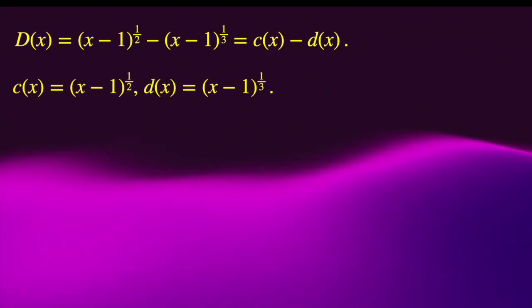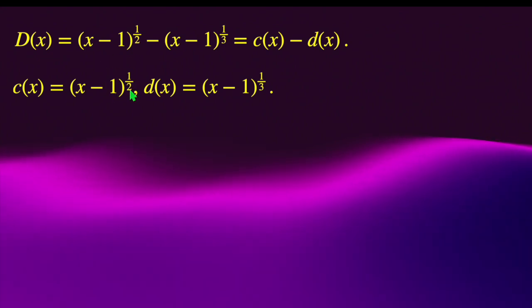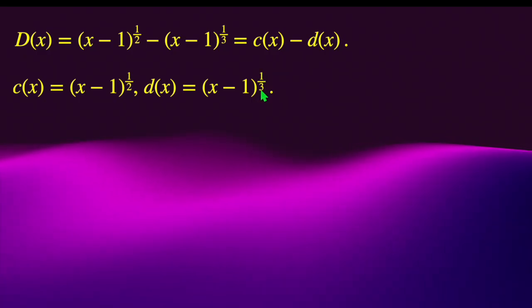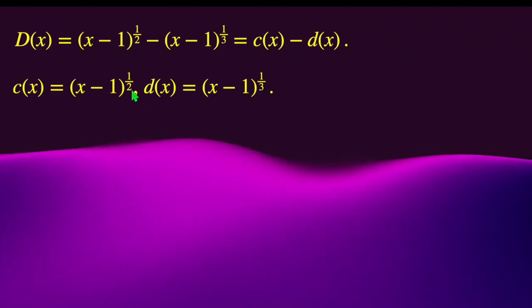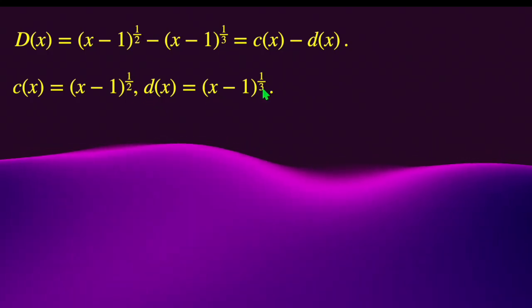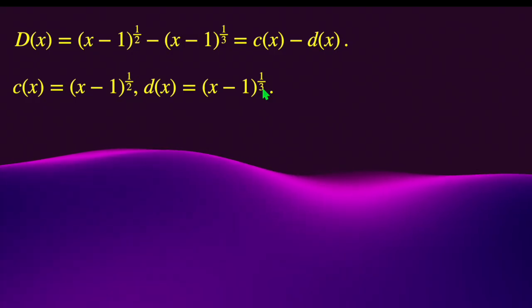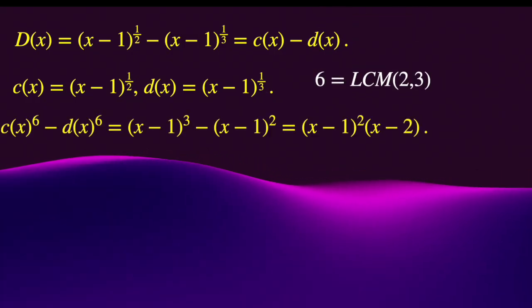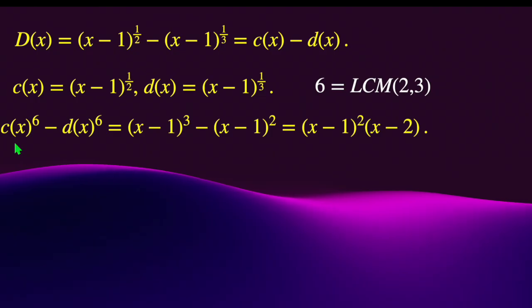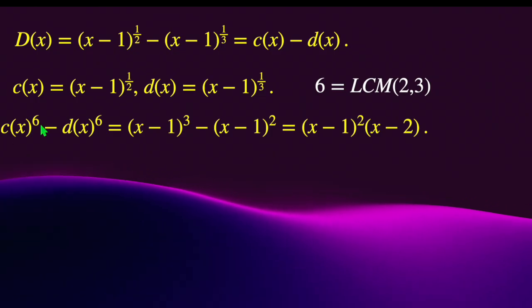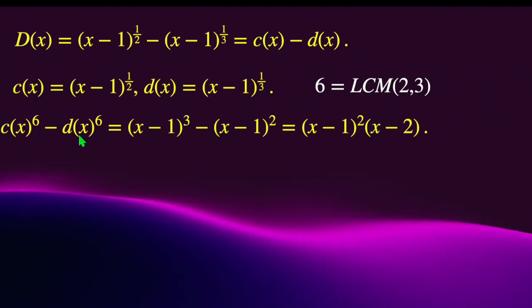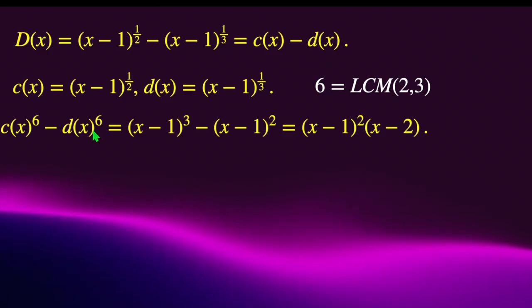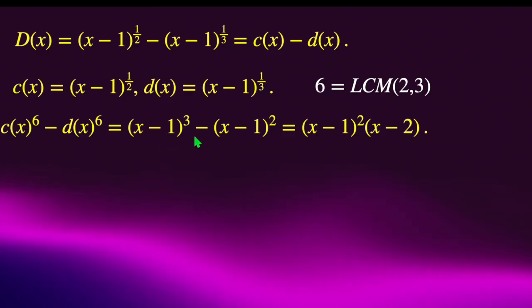Here we have 1 over 2, and here we have 1 over 3, and we will take the least common multiple of 2 and 3, which is 6, and we will compute c(x) power 6 minus d(x) power 6, and we get this expression.